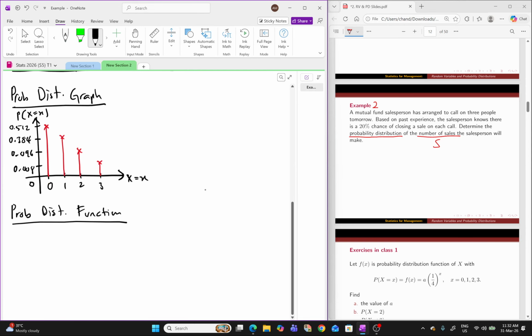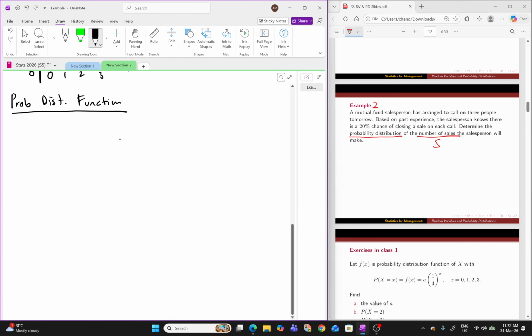Listen first. This one you will get 0.8 cube if x equal to 0. Okay.